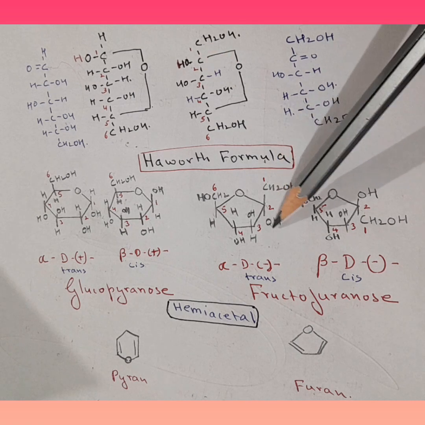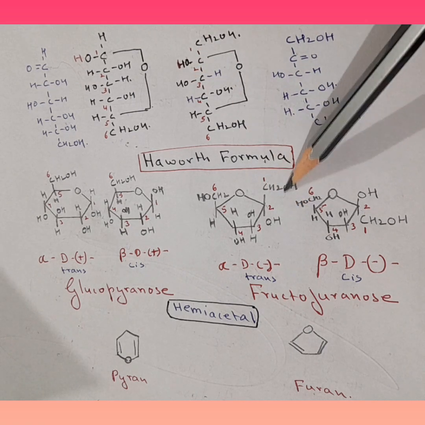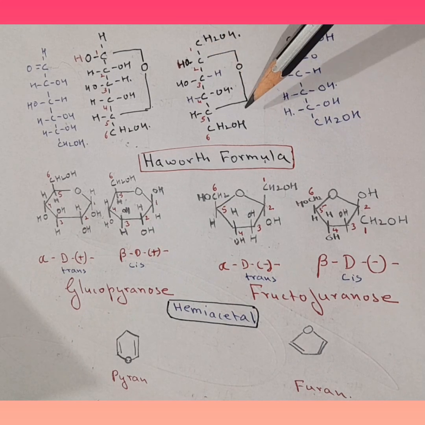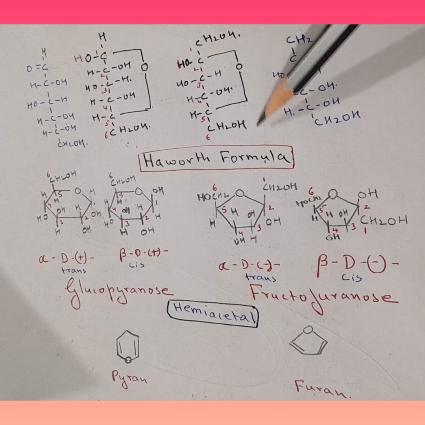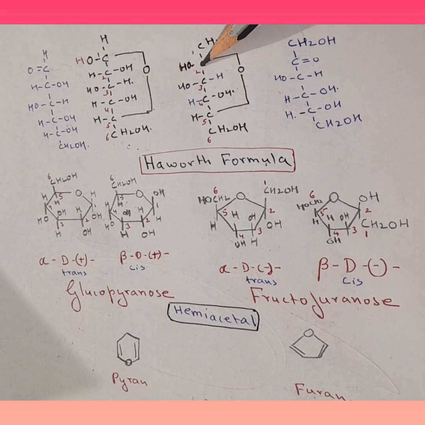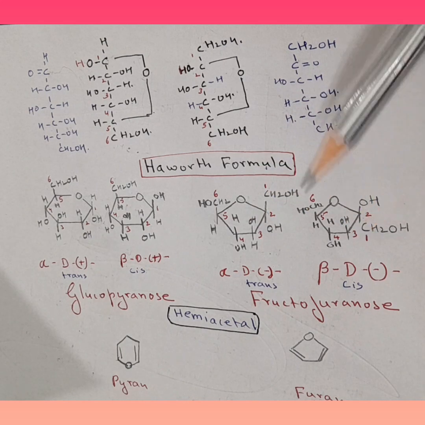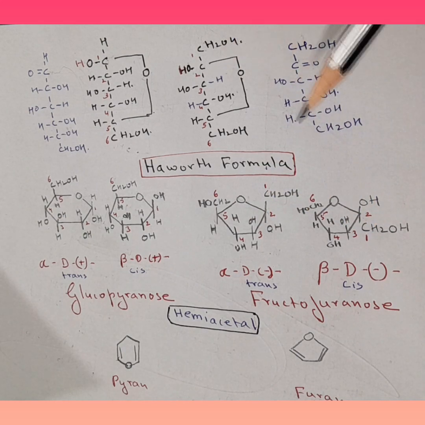And this OH is this OH, and this CH2OH is this CH2OH. Now since it's a planar structure, O can attack from below as well as from top, giving you two structures, alpha and beta. So this is how it works in case of fructose.